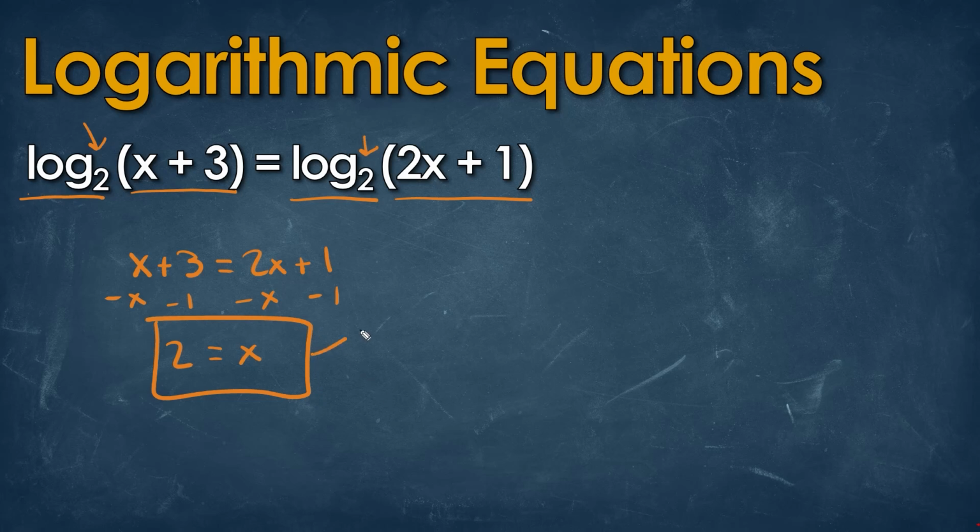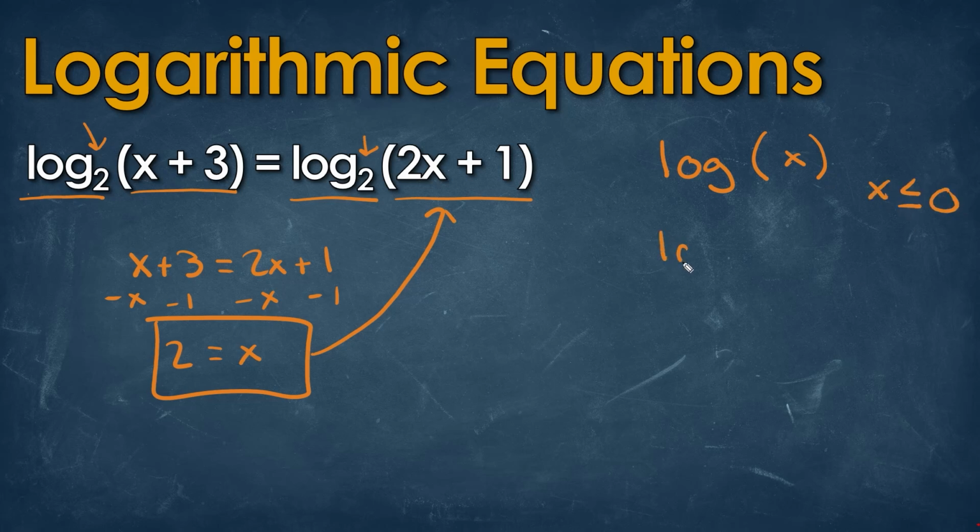Now, an important thing that we want to do whenever we have a value is plug it in, because you want to make sure that whatever value you have inside the log is not 0 and not less than 0. The argument x cannot be less than or equal to 0.